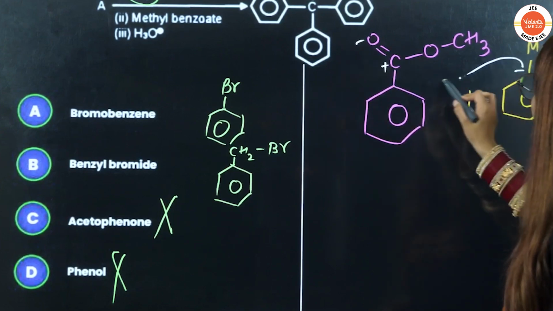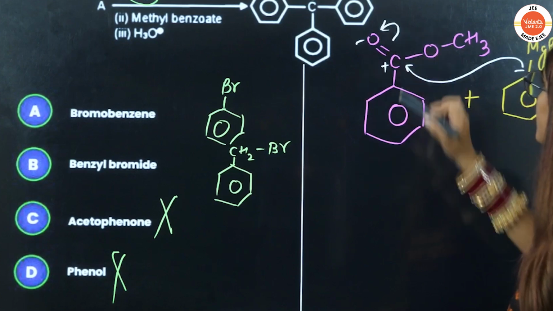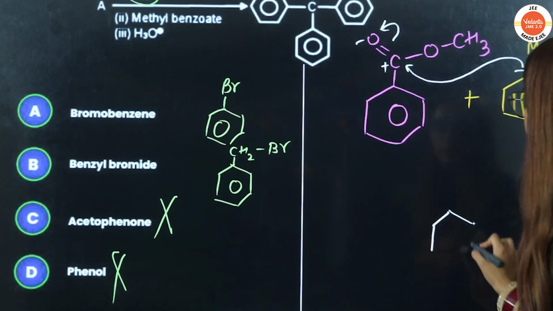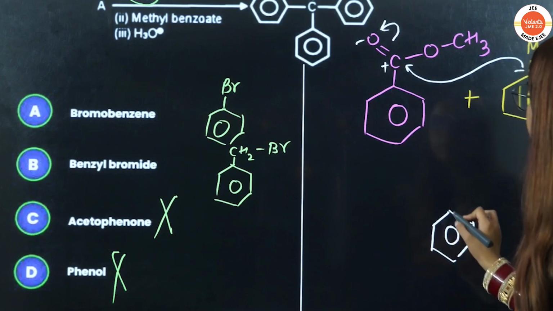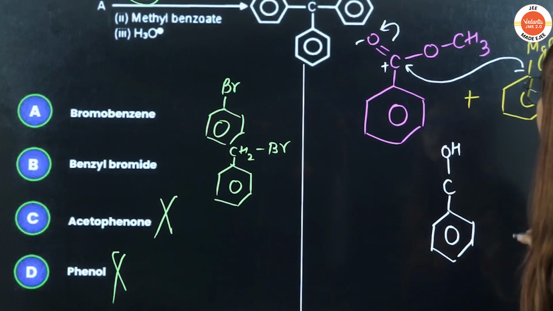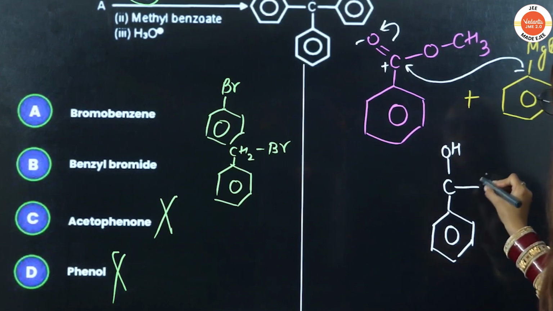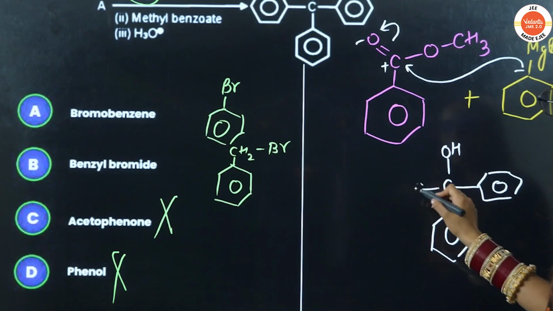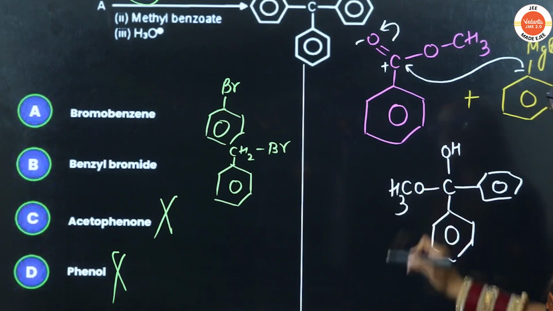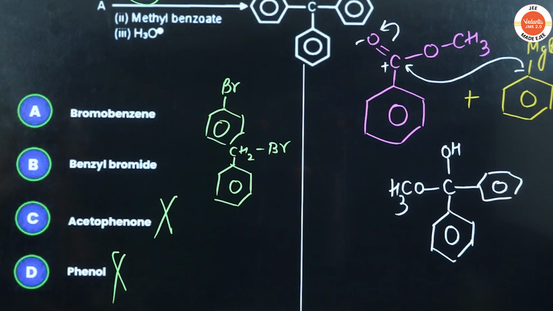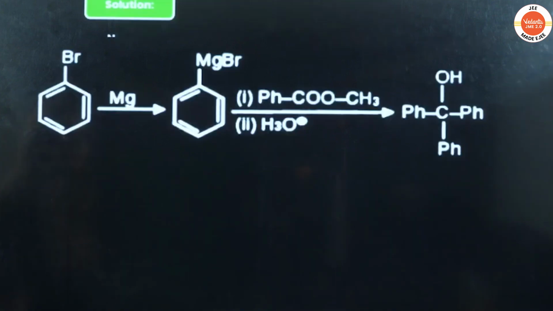So the negative part will attack here, electrons will jump here, and hence what you will have in the end. There will be hydrolysis also. This is benzene, this is C, this will be converted to OH. Here you will have the addition of this, and here you will have OCH3. After that you will do hydrolysis, right?